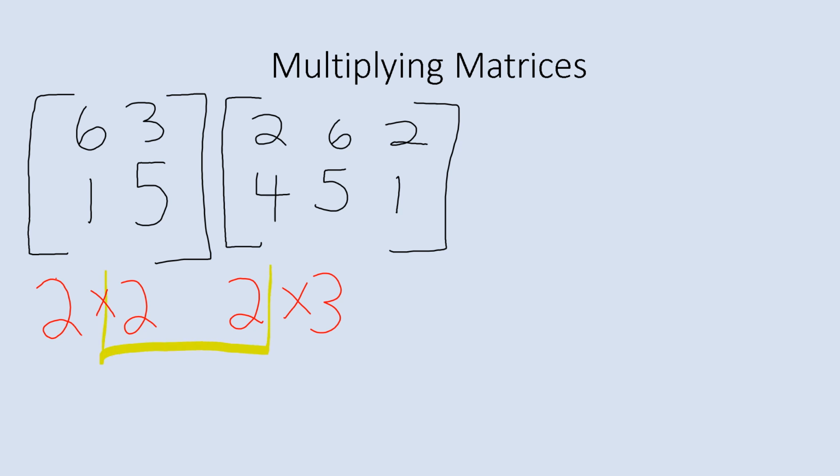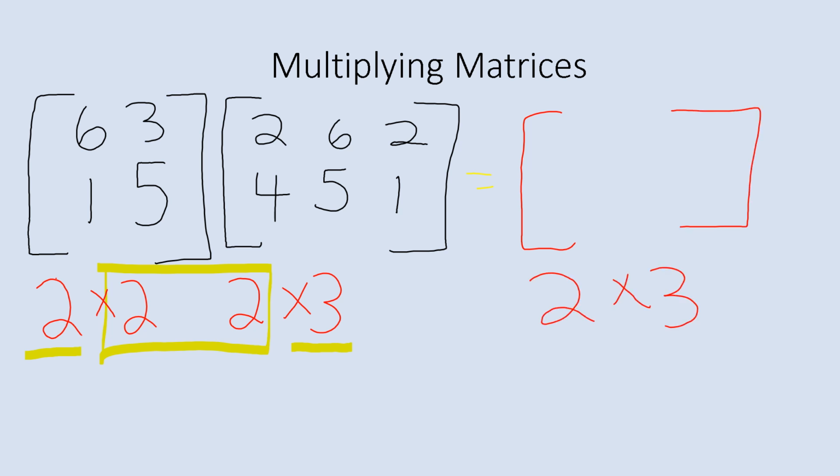First, since the inside numbers are the same, we can in fact multiply these matrices and get real numbers, and our answer matrix will be 2 by 3. So we're going to draw that out. We have a 2 by 3 answer matrix.